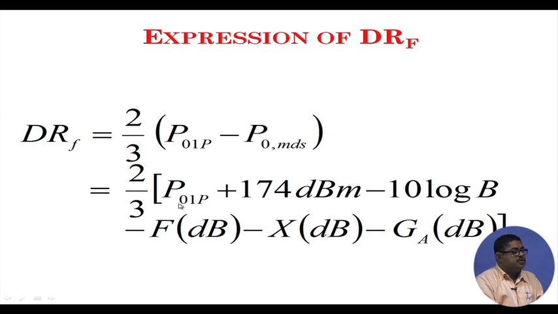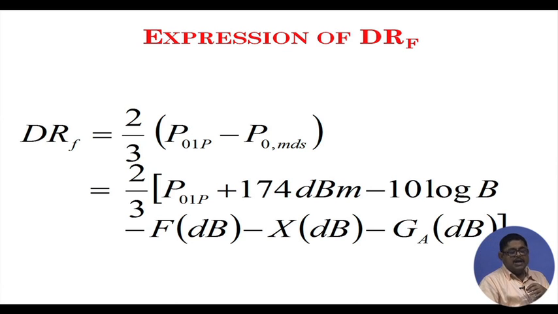So, if in any system POIP is specified, I can find the spurious free dynamic range. Usually this spurious free dynamic range is smaller than the dynamic range for a single tone system.